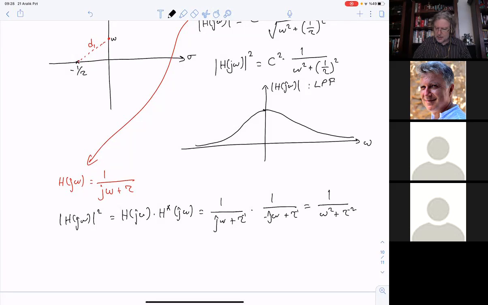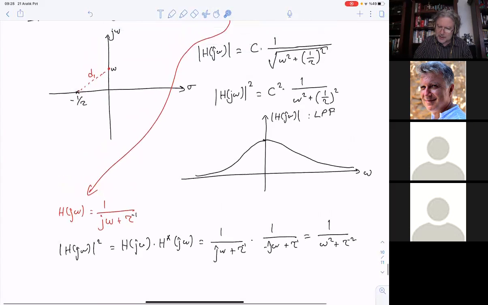And that would mean that when omega is equal to 0, 1 over tau square in the denominator will make a tau square. So this was also tau to the minus 1. Where was I making the mistake? That was what I was looking for.